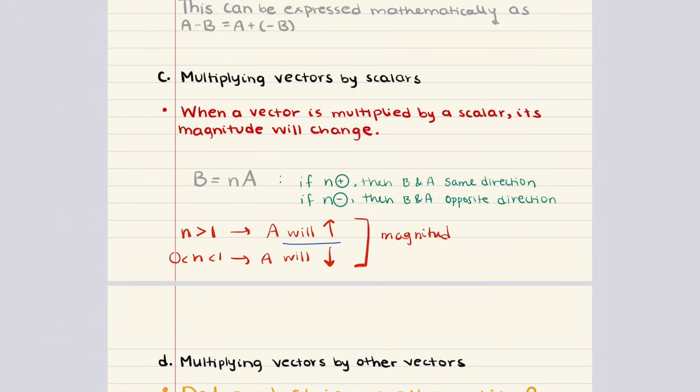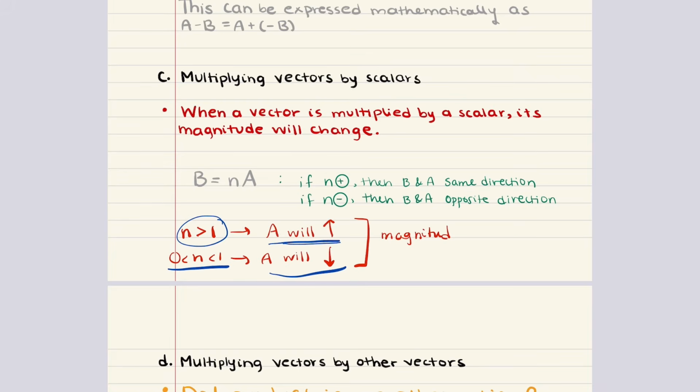If the scalar is greater than 1, then the magnitude of the vector is going to increase. If the scalar is between 0 and 1, then the magnitude will decrease. If the scalar is negative, the magnitude will still change, but the direction of the vector will also reverse.